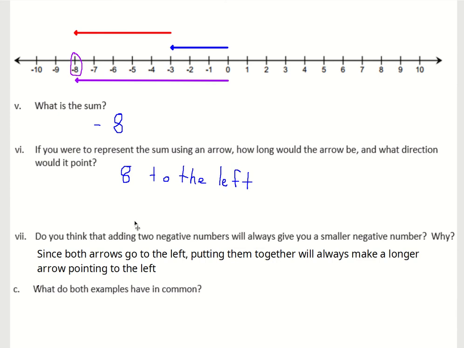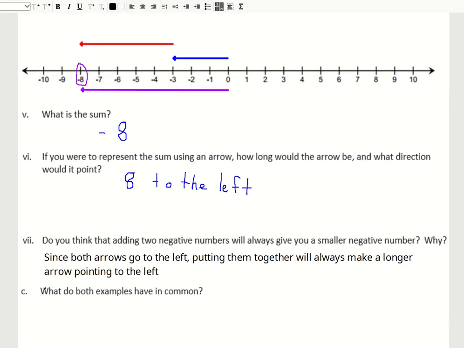So what we can say here is that the length of the arrow that represents the sum, aka this one over here, the length of this arrow is 8 long. Let's actually make this longer.